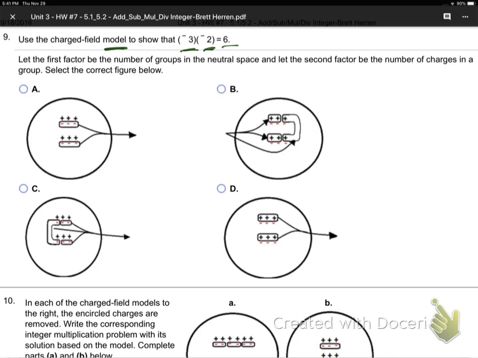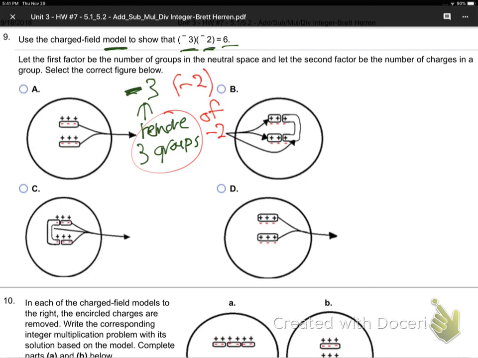Let's see it. Basically, it's saying the first number, the negative 3, means remove 3 groups. That's what the negative is, right? Take out 3 groups of what? Negative 2's. So remove 3 groups of negative 2.